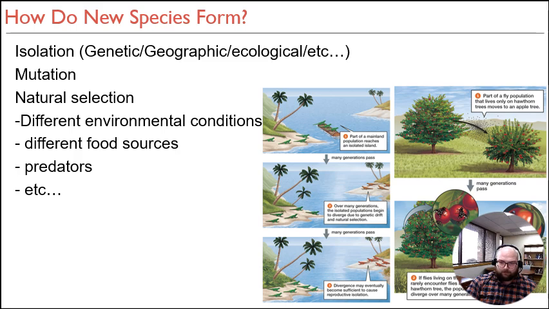There was some kind of a mutation that emerged in certain individuals in this isolated population, and then the idea here would be there was some kind of natural selection, right, that drove the preference, the shift in population to be more red. So over time we end up with these red colored lizards and these green colored lizards, and at some point they may even be different species. So again, that's just an example. It's important to think through how that might work.